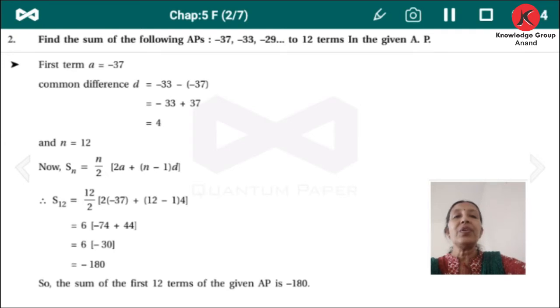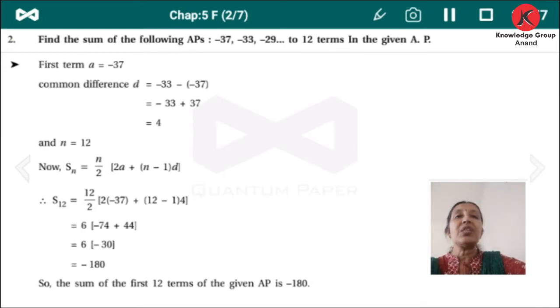Difference is equal to 4. 12 by 2 is 6, into (minus 74 plus 11 into 4, which is 44). 6 into minus 30 is equal to minus 180. So, the sum of the first 12 terms of the given AP is minus 180.